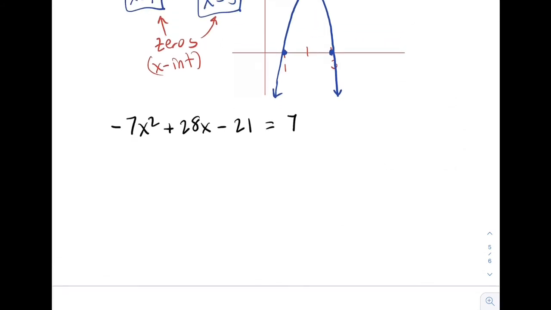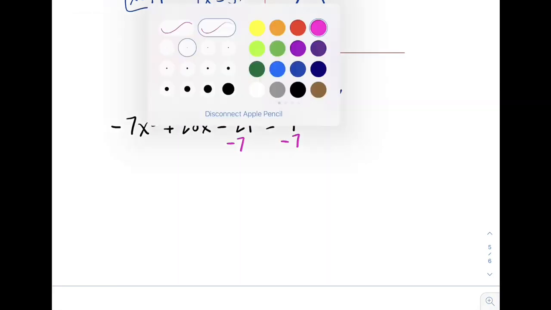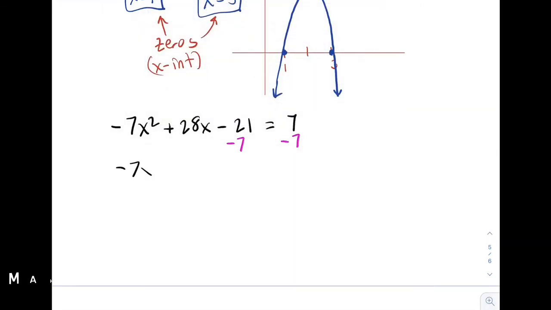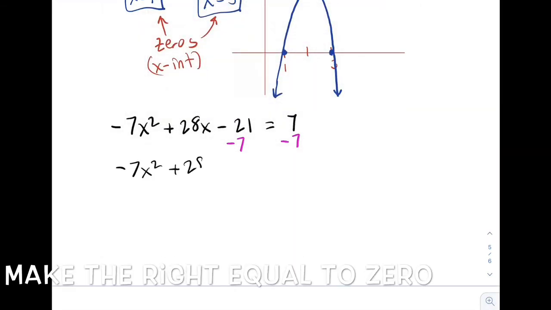So how do you get rid of that 7? To get rid of that 7, subtract it. Subtract 7 from both sides, then rewrite our equation: negative 7x squared plus 28x minus 28 now equals 0, because that cancels out. So now it's equal to 0, and now we can factor it.